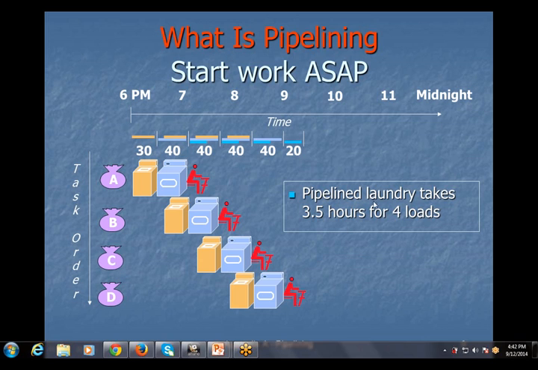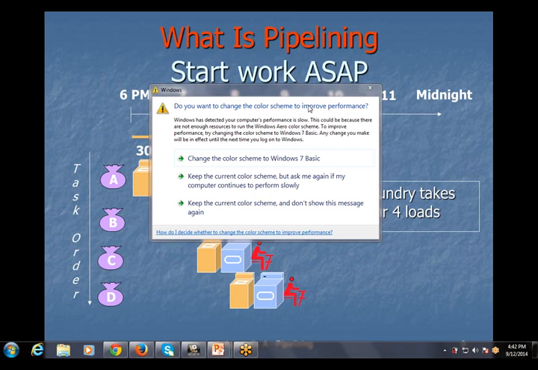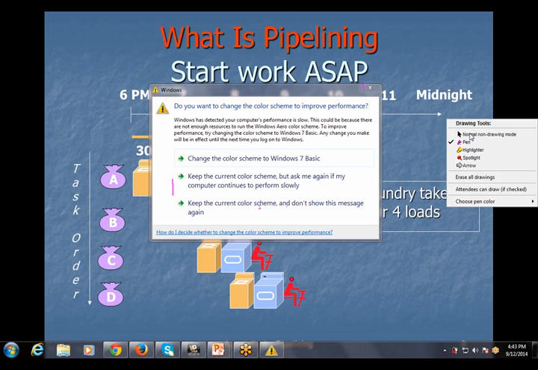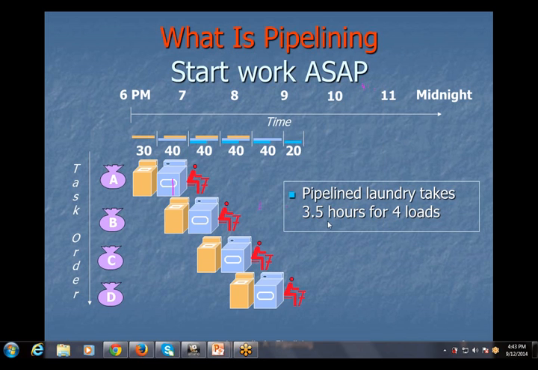With pipelining, laundry takes only 3.5 hours, that is from 6 p.m. to 9:30 p.m. Right, so it is till 9:30.